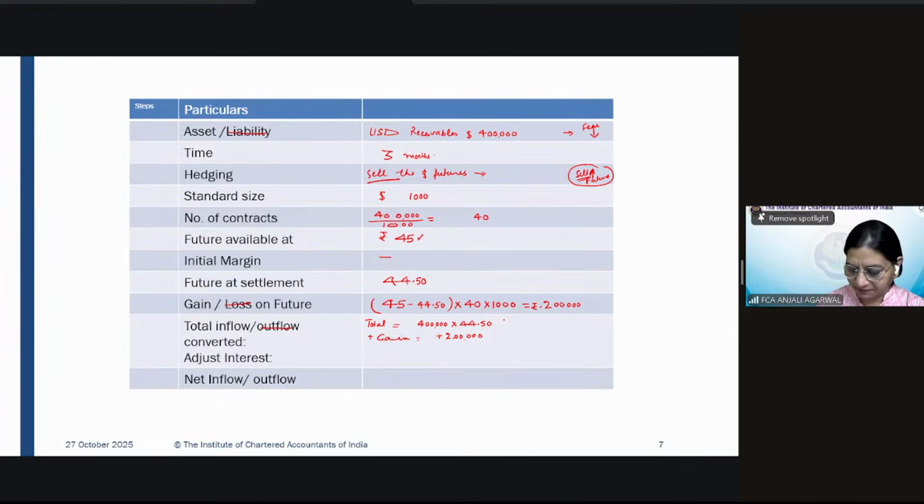400,000 multiplied by 44.5 is equal to 1 crore 78 lakhs. And plus you have a gain of 2 lakhs, no interest cost. So net inflow here will become 1 crore 80 lakhs.